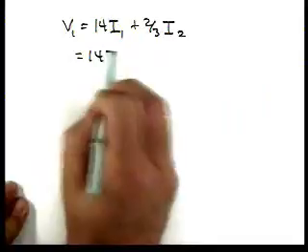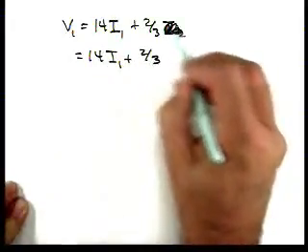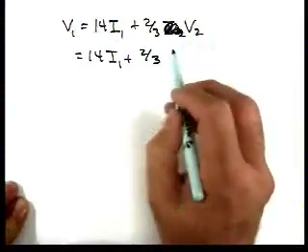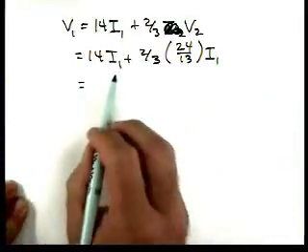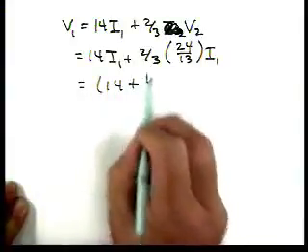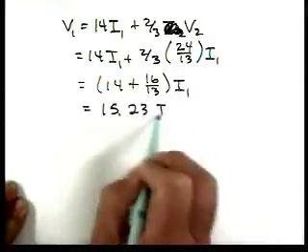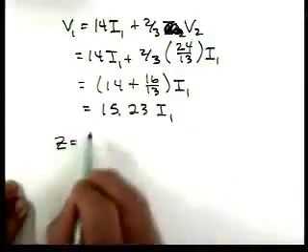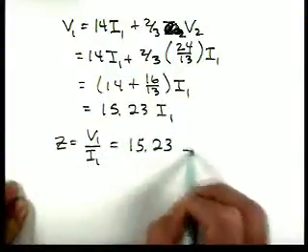So we have 14 I1 plus 2/3 times 24/13 times I1, and this is 14 plus 16/13 times I1, and that's 15.23 I1. So our input impedance is V1 over I1, which is 15.23 ohms.